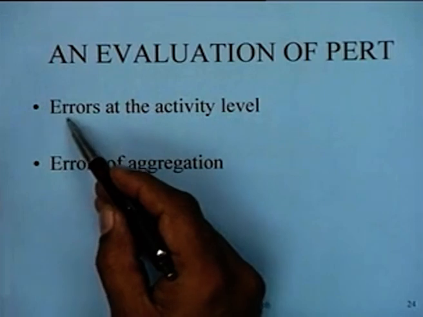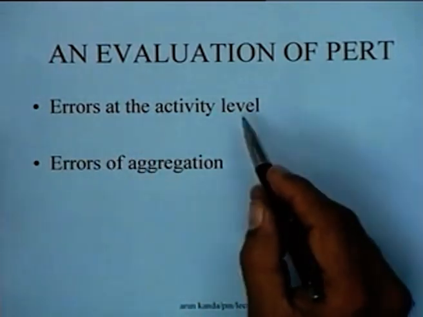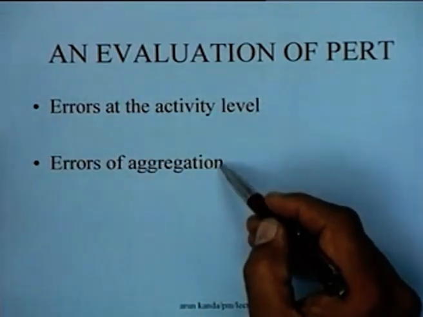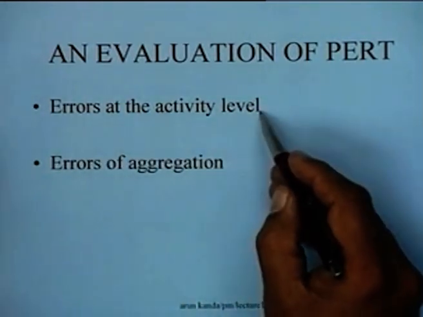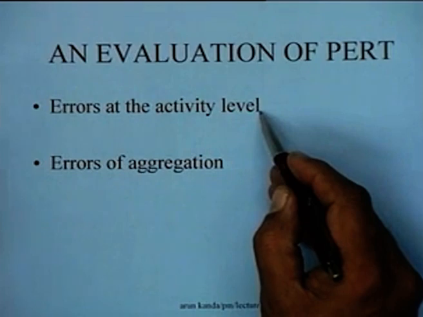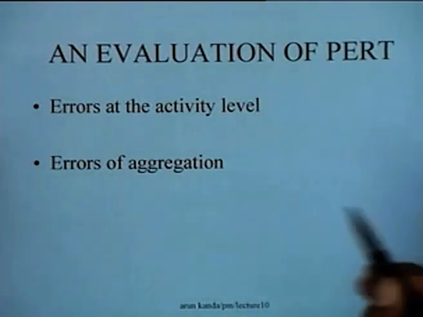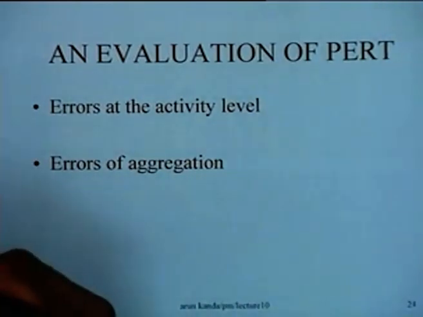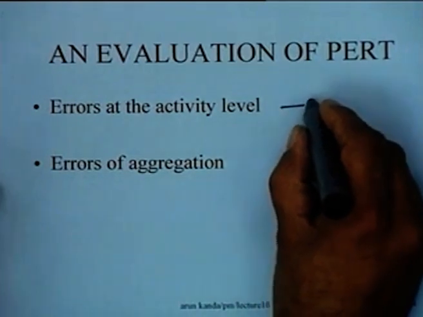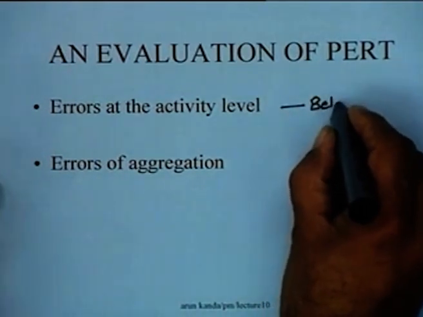Now let us try to do an evaluation of PERT, and what I would just like to say here is that errors in PERT can occur primarily because of these two factors. Errors can occur either at the activity level. What this means is that we have made some assumptions about the activity distributions. We have said that the activities follow a beta distribution. They may not be following a beta distribution.